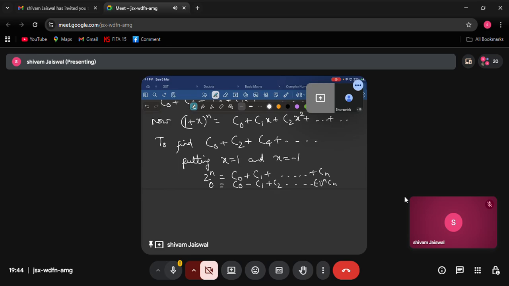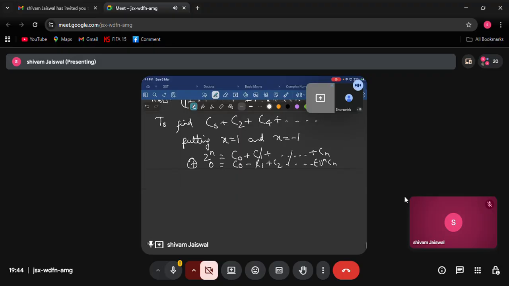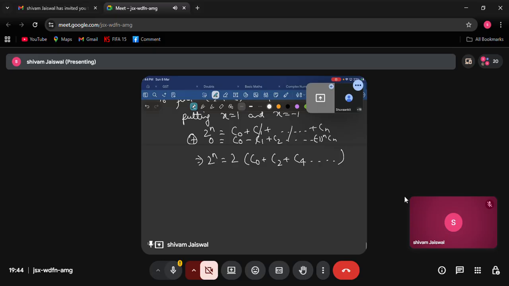When you add, all the odd terms get cancelled. We get 2 to the power n is equal to 2 into C0 plus C2 plus C4. Now I have created a gap of 1. So this implies C0 plus C2 plus C4 will be equal to 2 to the power n divided by 2, which is 2 to the power n minus 1. Is it clear to everyone?